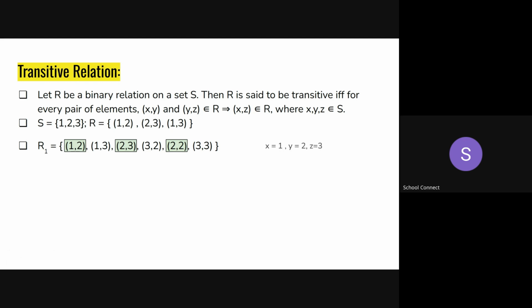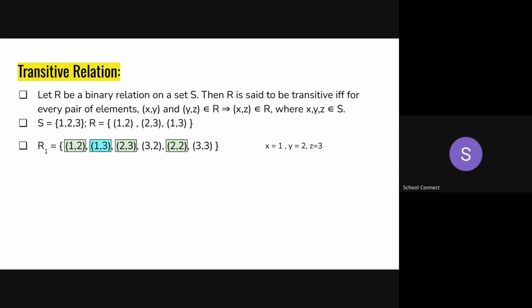So if you choose 1 comma 2 as x, y, in the first case, you choose x as 1, y as 2 and z as 3. Then you need to have 1 comma 3 in your relation. Search for 1 comma 3, whether it is there or not. And you see 1 comma 3 is present, so the transitive relation is satisfied there.